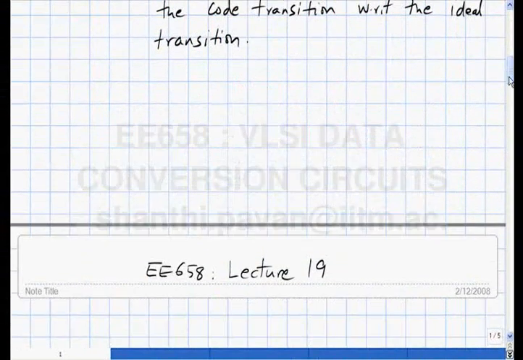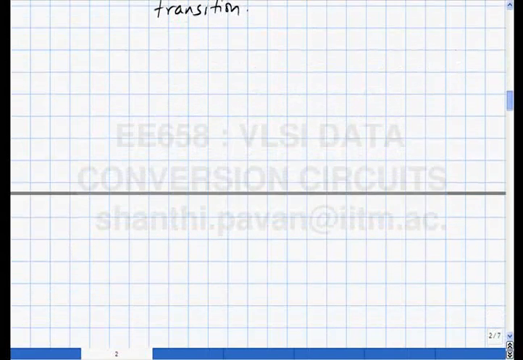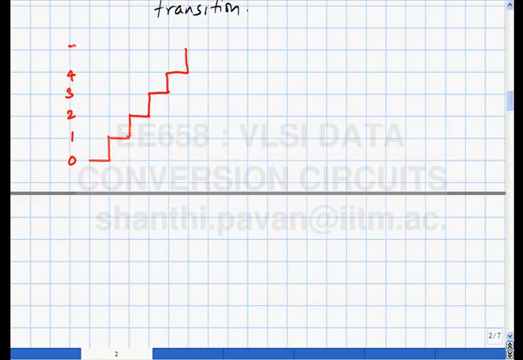For example, I took this as the ideal staircase. So this is code 0, 1, 2, 3, 4, 5 and so on. This is the width of code 0. This is the width of code 1. Let's say this is the kth code.